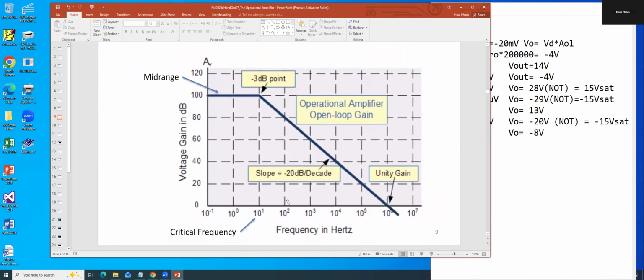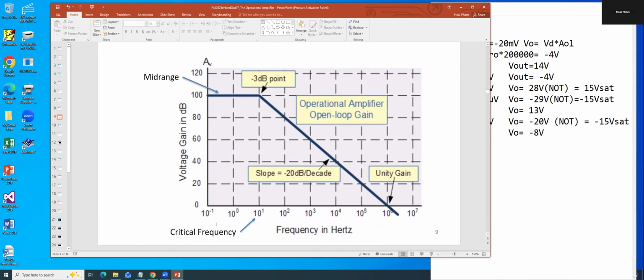Okay. Now, a lot of people don't quite understand this display. This stands for the gain. A for the gain. Okay. This side stands for the frequency.